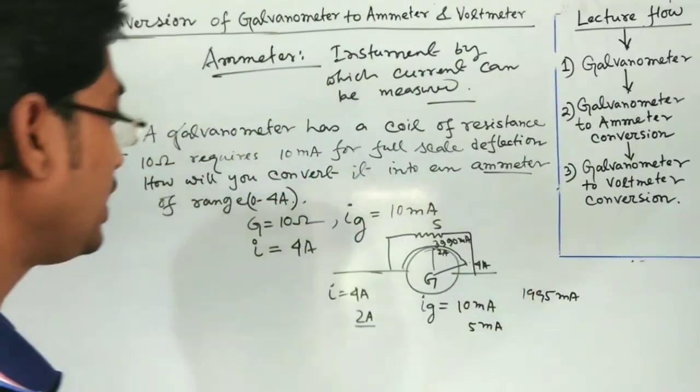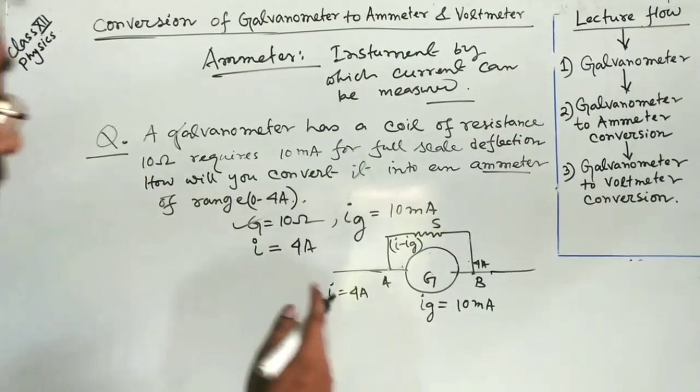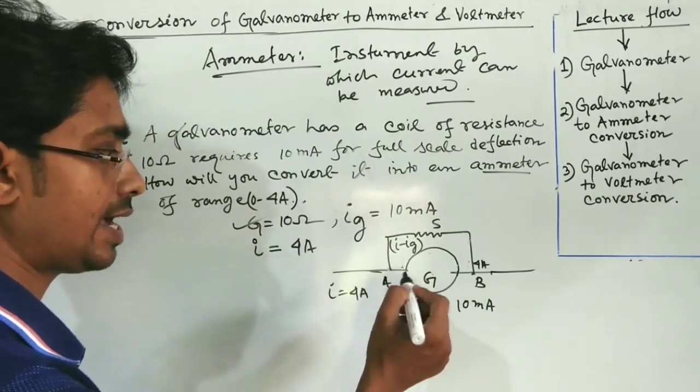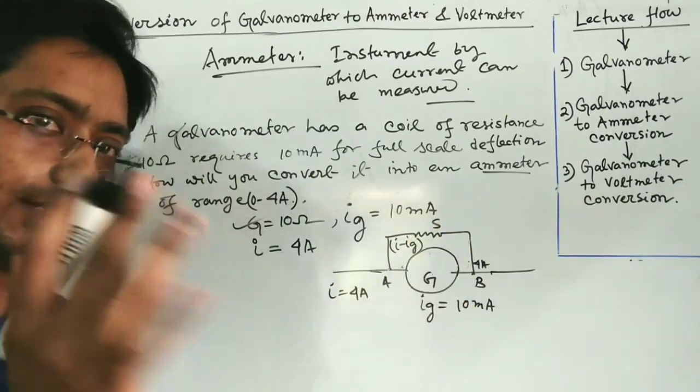Now for the numerical problem, if we apply the formula, between the 2 points A and B, the potential difference across G and S will be the same.